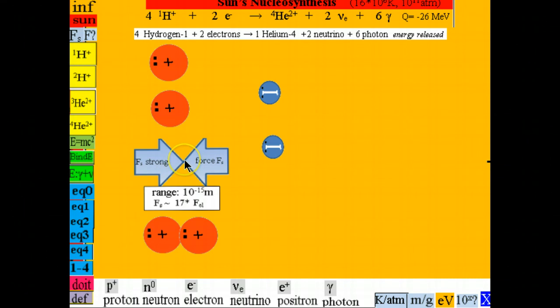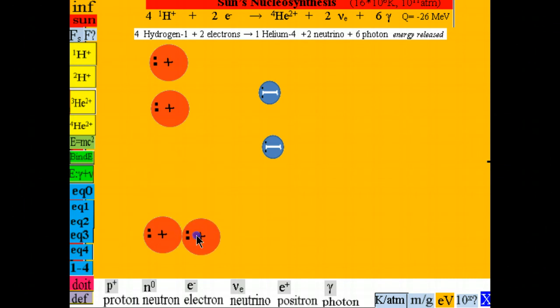Now something really dramatic happens. When these protons crash into each other, suddenly one of the protons transforms itself into a neutron, a neutrino, and a positron. And we know that an element that has a proton and a neutron in its nucleus is hydrogen 2.